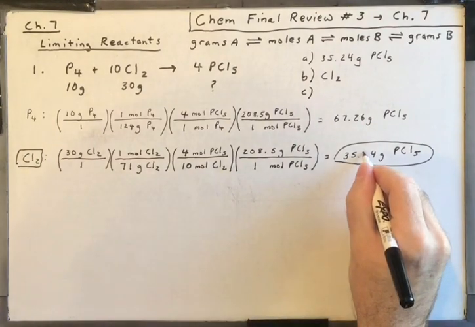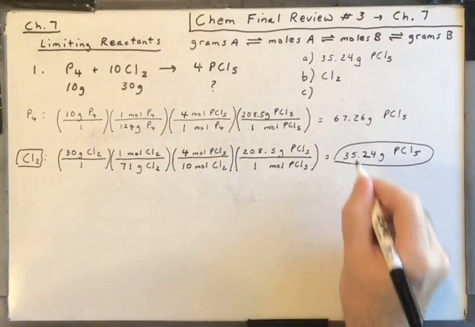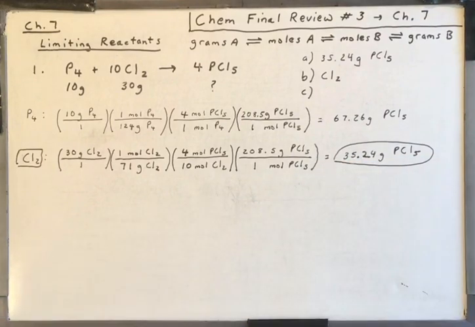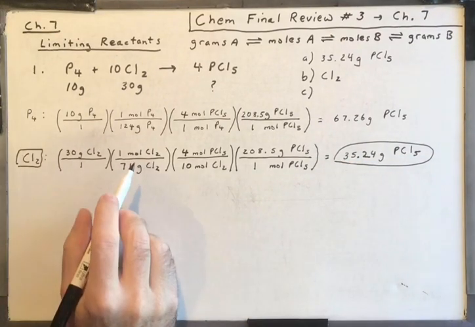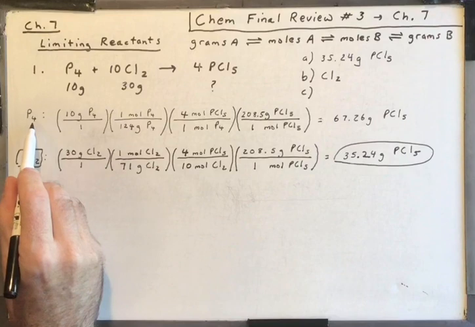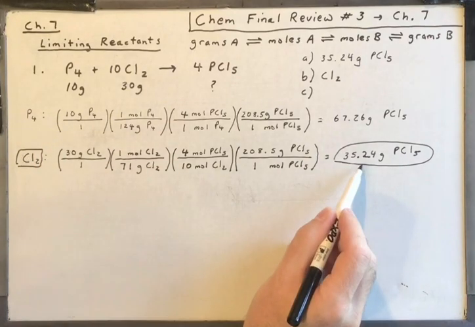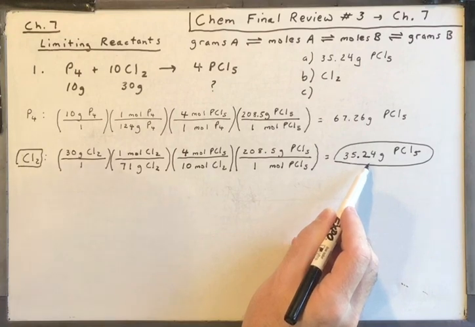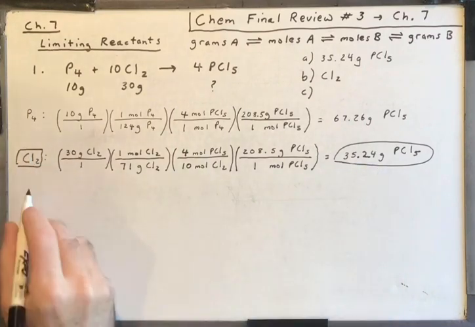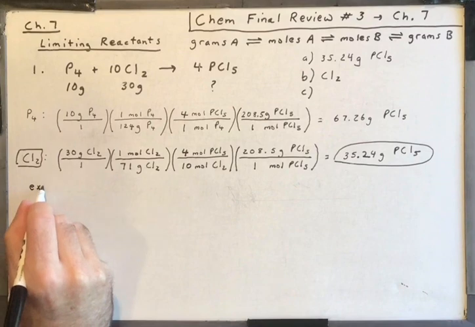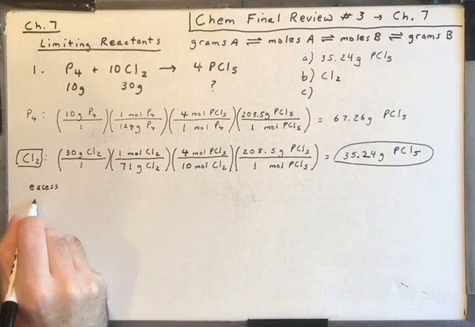All right, question C is, what is the amount of excess reactant that remains? Well, the excess reactant is P4. It's the other one. This one ran out. It stopped when we got 35.24 grams of PCl5. All right, so P4, we'll call this excess P4.